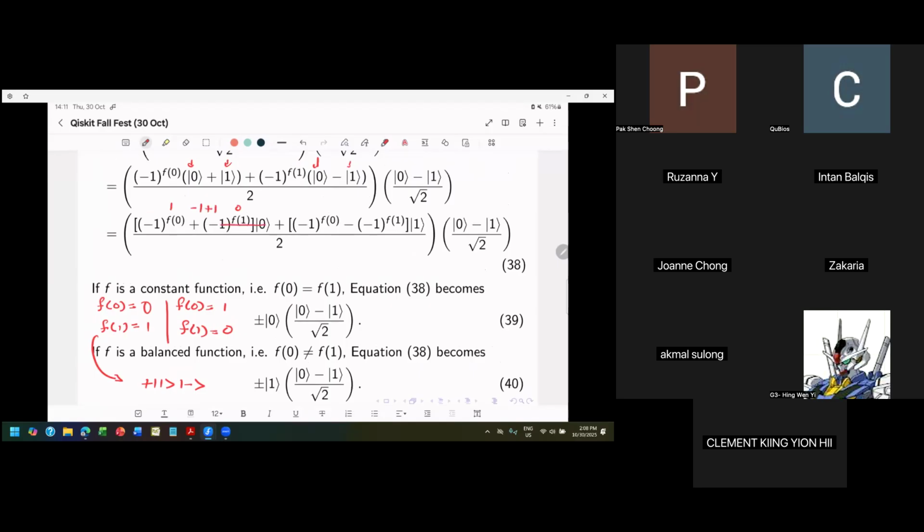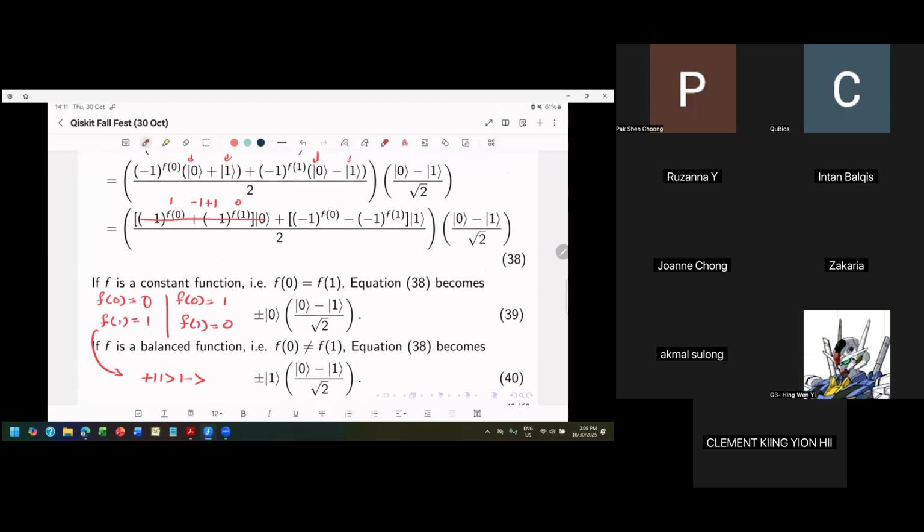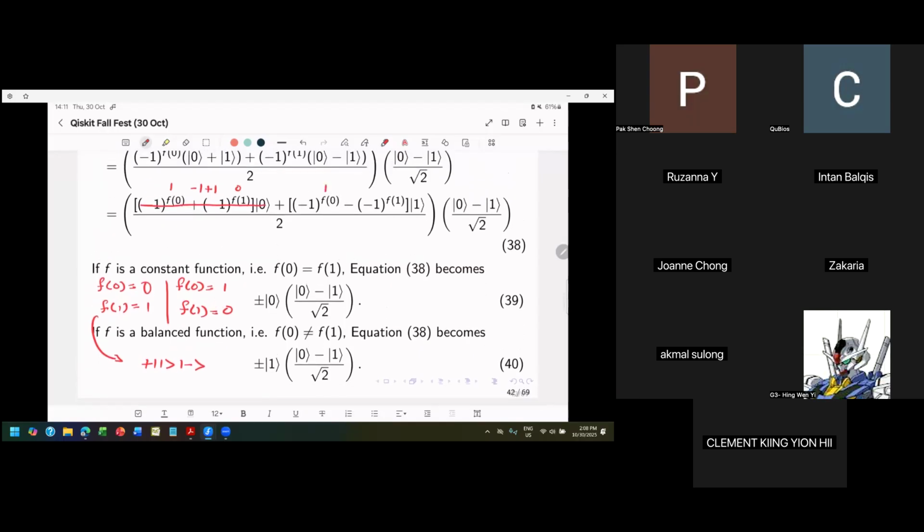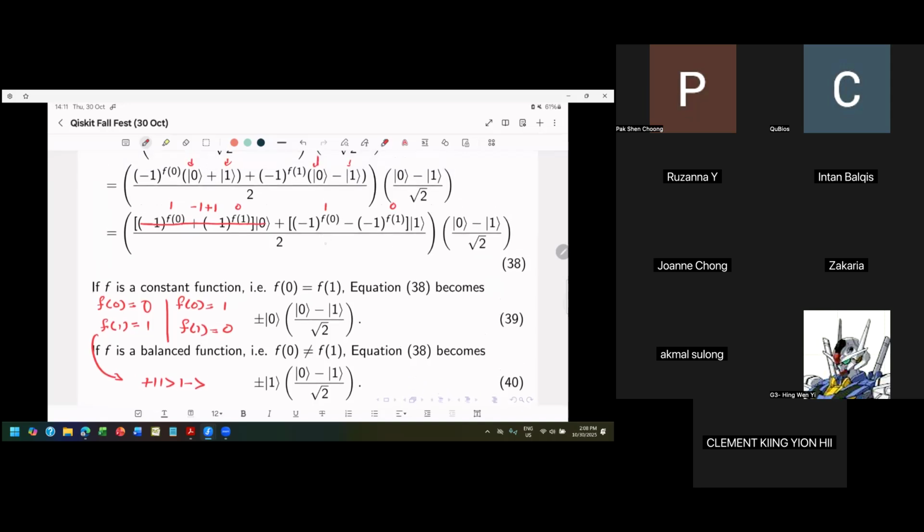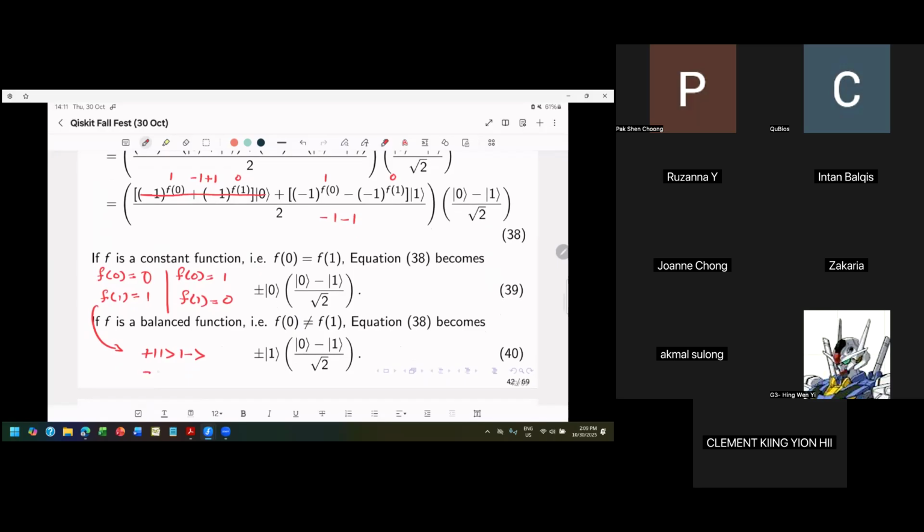So this one again cancels off. Now here you have f0 equals 1, f1 equals 0, so you have minus 1 minus 1. So that's why you have minus 1 minus. Combine it together, you get this one.